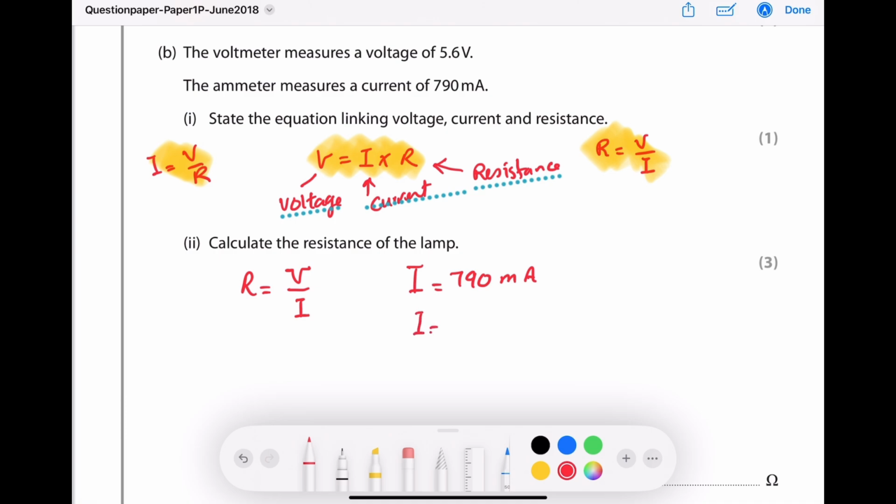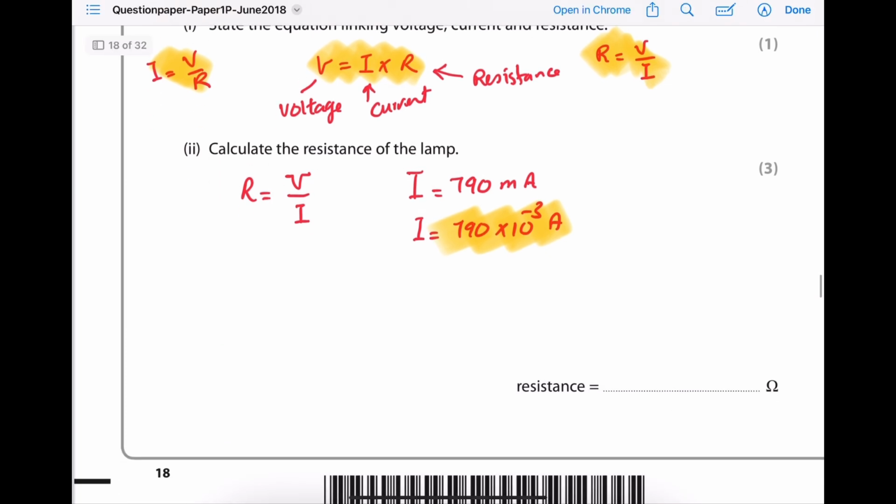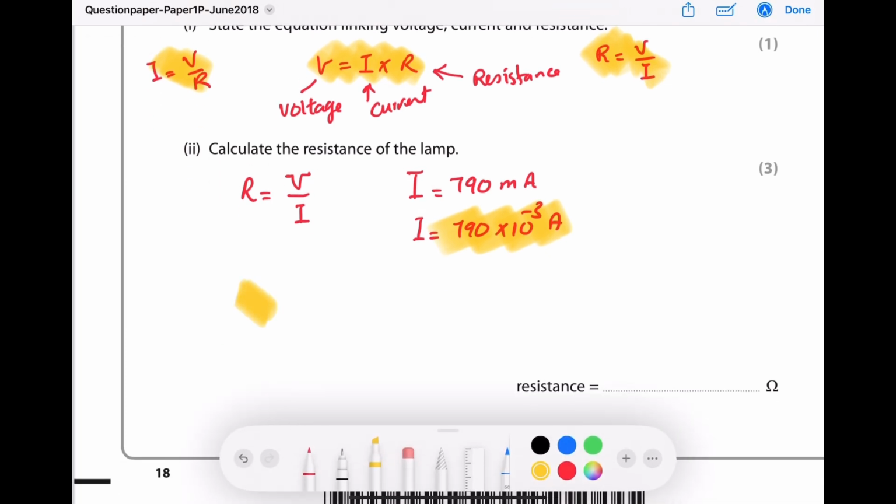So the current must be given in ampere, which is 10 to the minus 3 ampere. I make changes and I get 1 mark for the rearrangement and 1 mark for the change of the electric current into ampere.